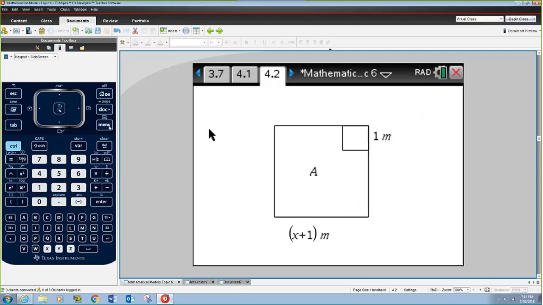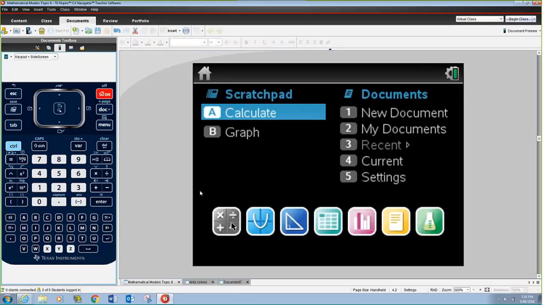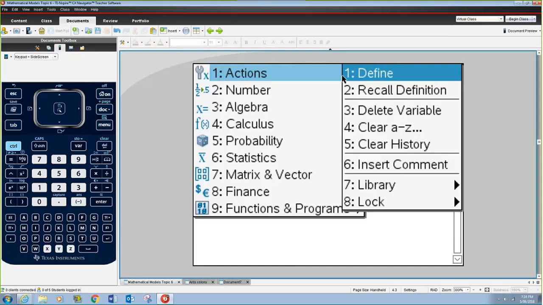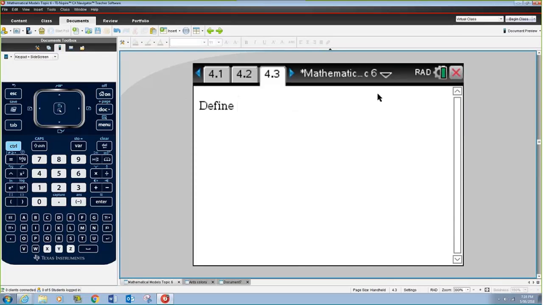So if I start a new document, I can again define this function and call it A. I might actually put a new problem, because I did it in this document, so that will work better.